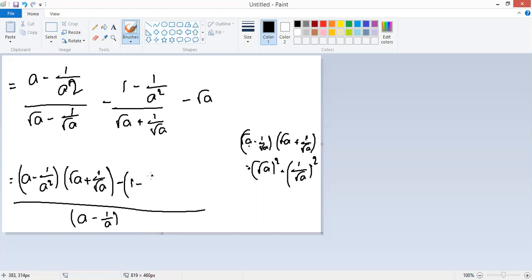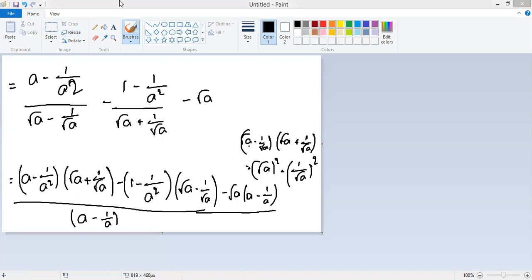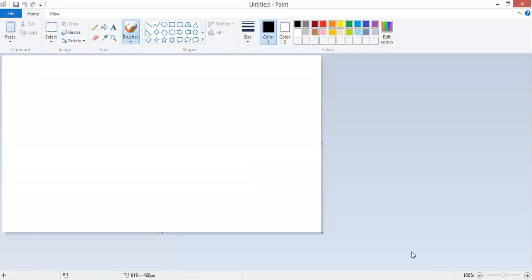Minus 1 minus 1 by a square, multiply with this denominator part, root a minus 1 by root a. Here minus root a into a minus 1 by a. In order to solve this, first we have to multiply all these terms. It means in the first term it is a into a minus 1 by a square. So we have to multiply a and 1 by a square with root a plus 1 by root a.